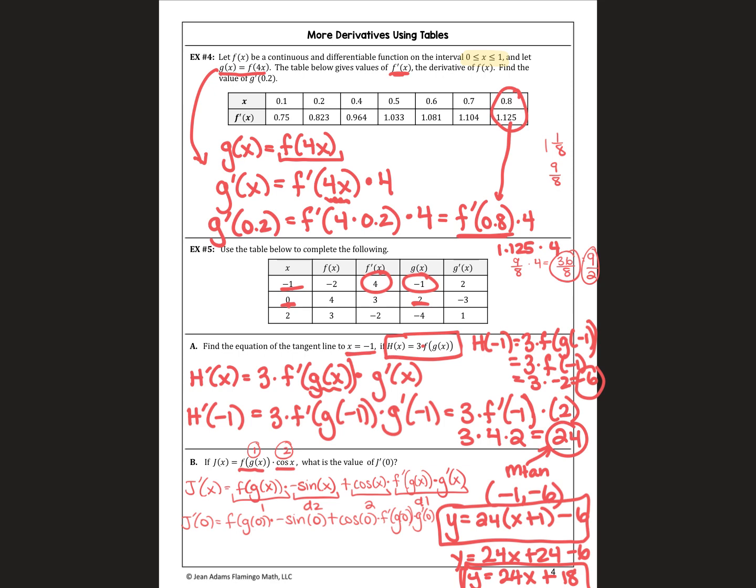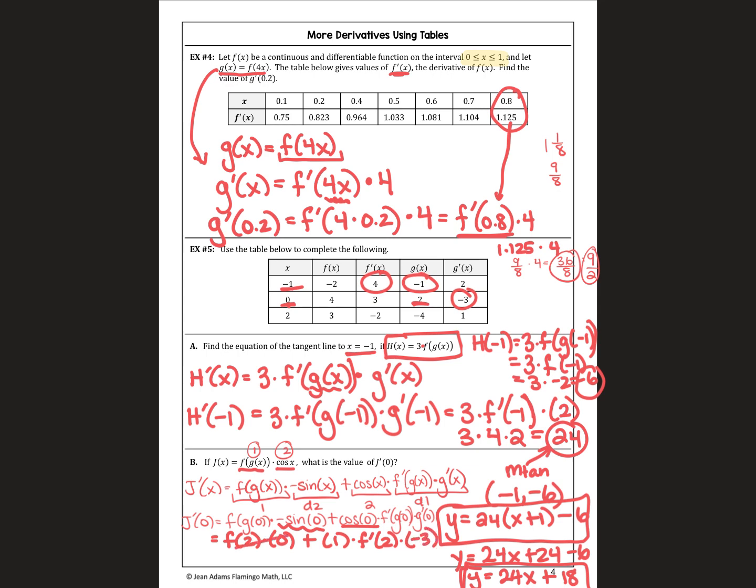At x equals 0, g is 2. So I get f of 2 times negative sine of 0. Sine of 0 is 0, so that gets multiplied by 0. Plus cosine of 0 is 1 times f prime of g of 0, which we said was 2. And then we need to know what g prime of 0 is. G prime of 0 is negative 3.